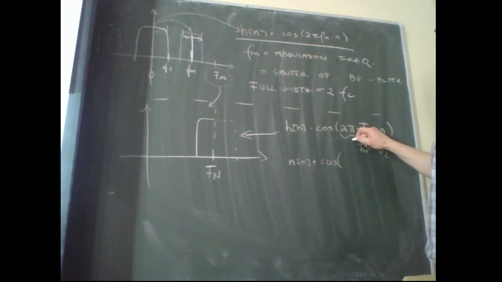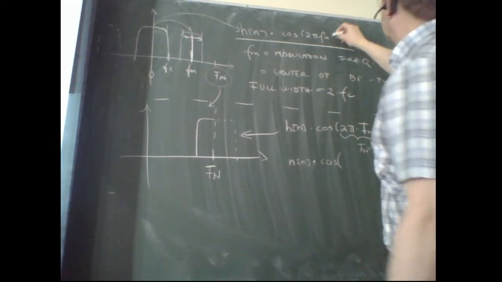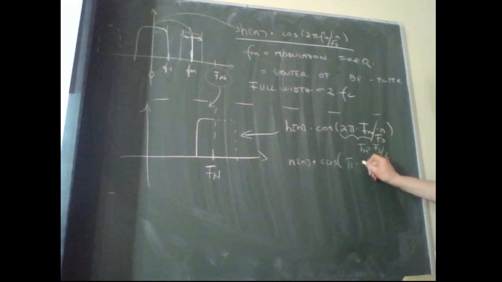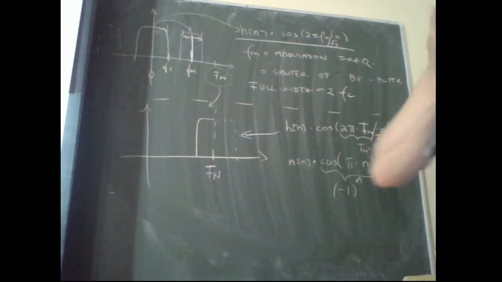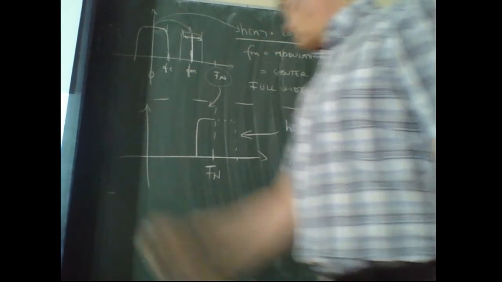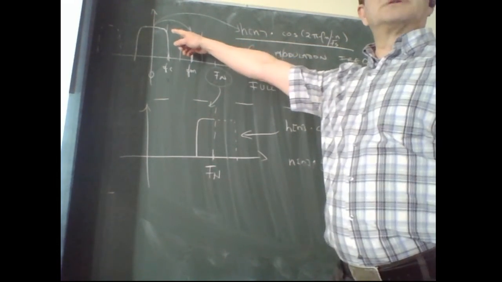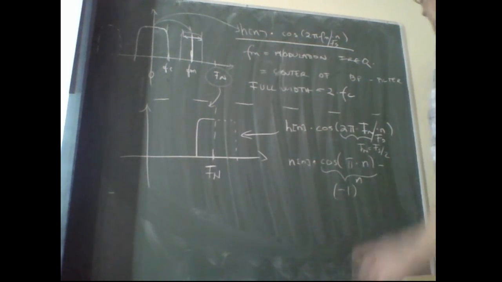Hey, wait a minute, that's the 2 pi. Sorry, Fs. Something was missing. Fs here, so you have 2 cosine of pi times n. This part here is just minus 1 to the exponent of n, so it's plus minus 1. So you practically just change every other sign on the impulse response, and you will get from low pass to high pass, or from high pass to low pass. Alrighty.